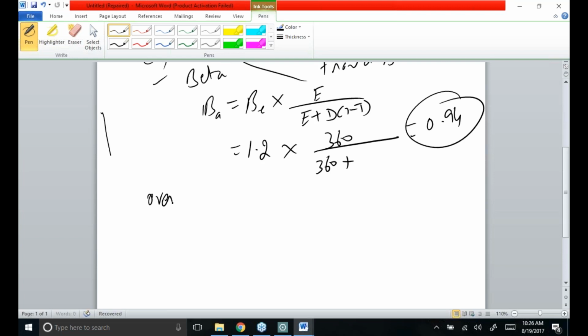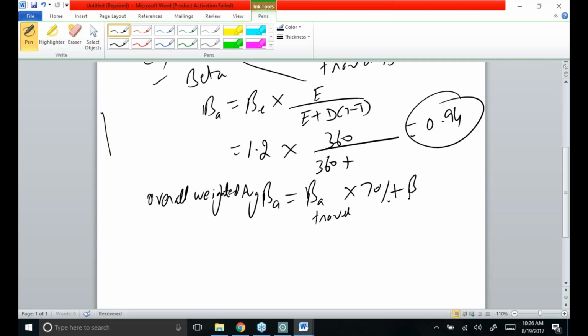So overall, the weighted average beta is given: beta of travel into 70% plus beta of maintenance into 30%. I have taken these two figures, 70 and 30%, because the straightforward assumption was given that proportion will be taken according to the weight of non-current assets.